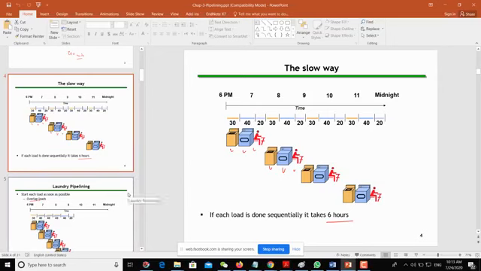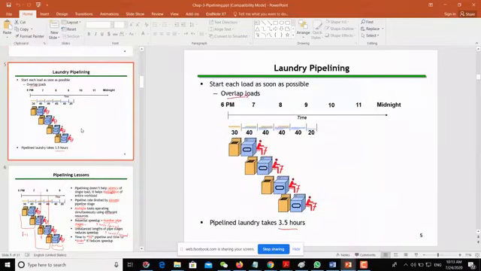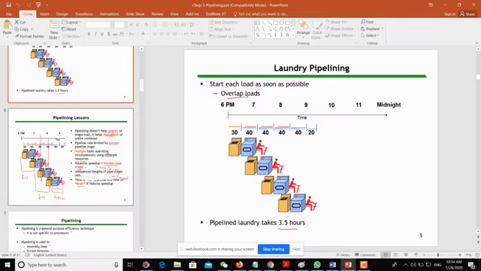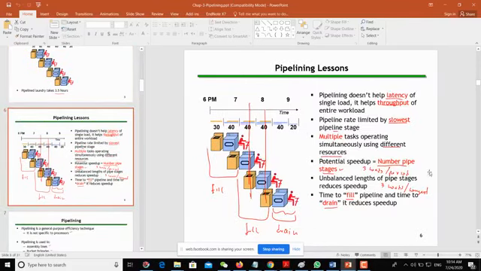So we can apply the same concept in hardware, particularly by scheduling the processor, by giving different processes to the processor. And when we pipelined our laundry job, it took almost 3.5 hours. Now moving to the pipelining lessons.